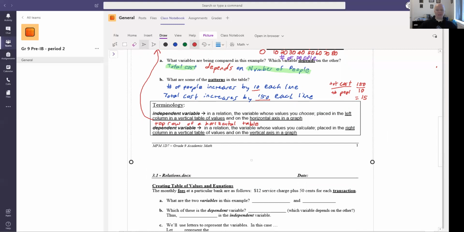It's placed in the right-hand column of a vertical table and on the vertical axis of a graph. And of course, I'll add the bottom row of a horizontal table. Sometimes you will see that.